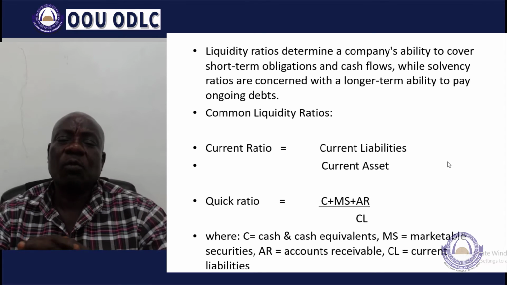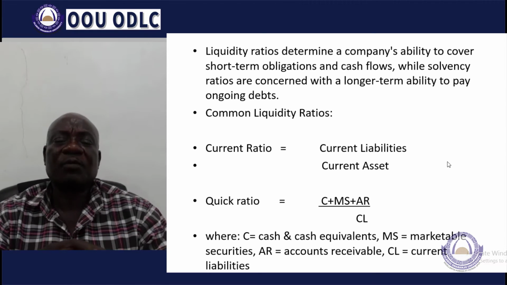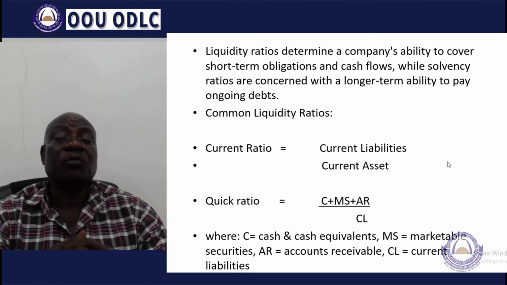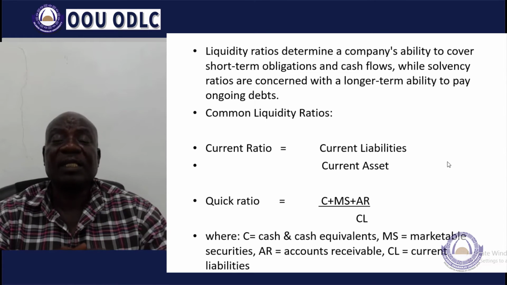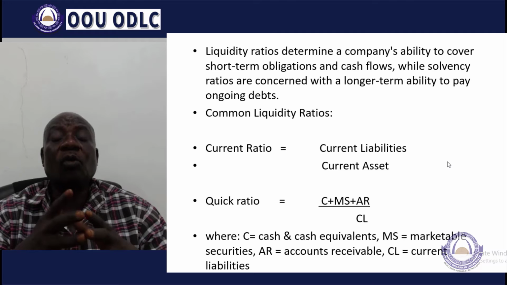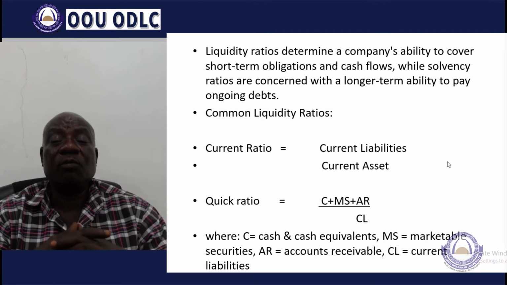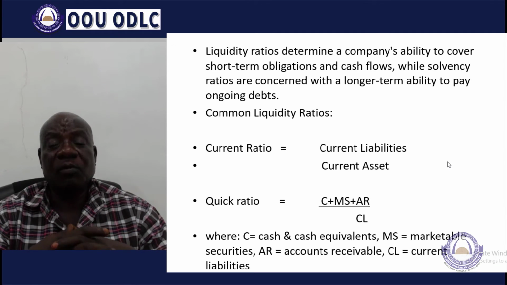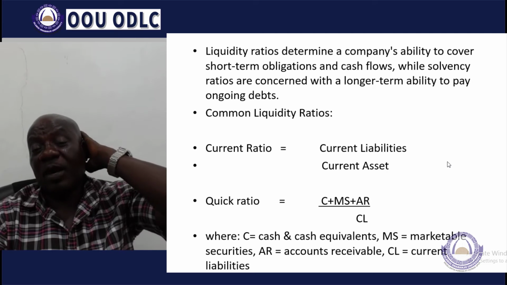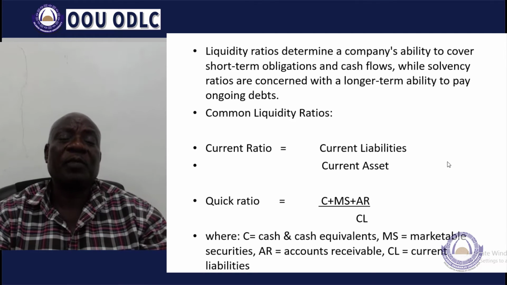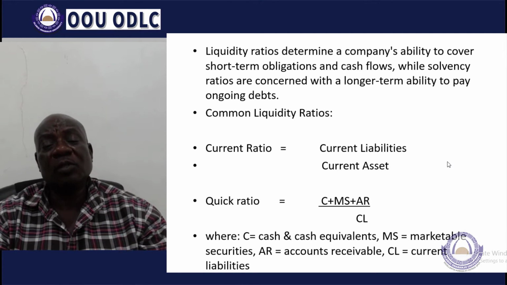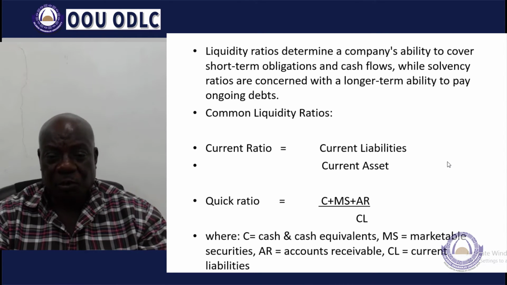Then the quick ratio is calculated by looking at cash and cash equivalents, marketable securities that are available and can be sold easily, that are very highly liquid, and accounts receivable, and then you divide by current liabilities. So both the quick ratio and the current ratio can be used for a company to know whether it's highly liquid or not.